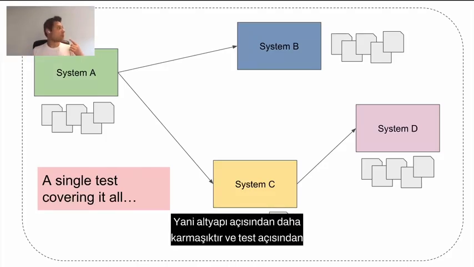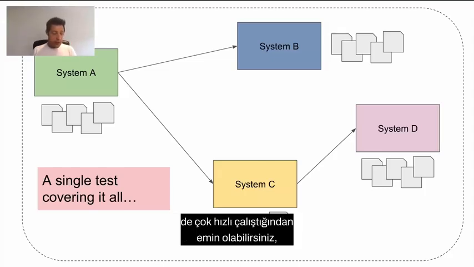So it is more complex from an infrastructure point of view, and from a testing point of view, you sort of start to have to open boxes. You don't know so much about them, and that's very hard. And second, your team is moving really fast, but you can also bet that the team that built system B is also running very fast.